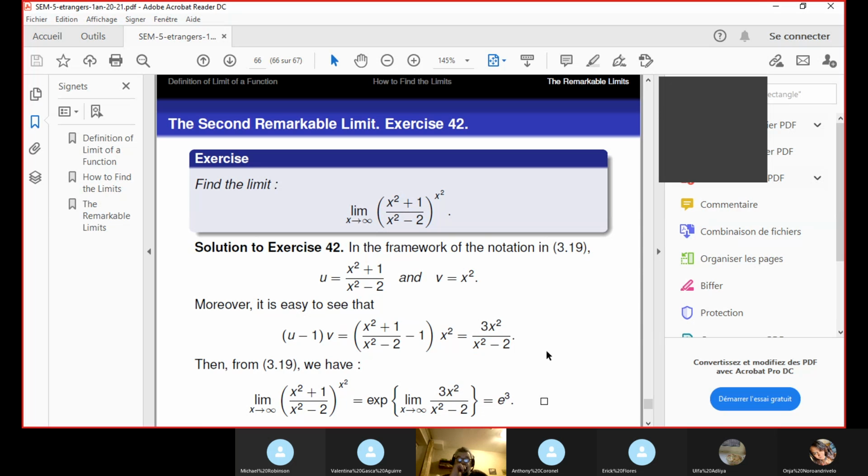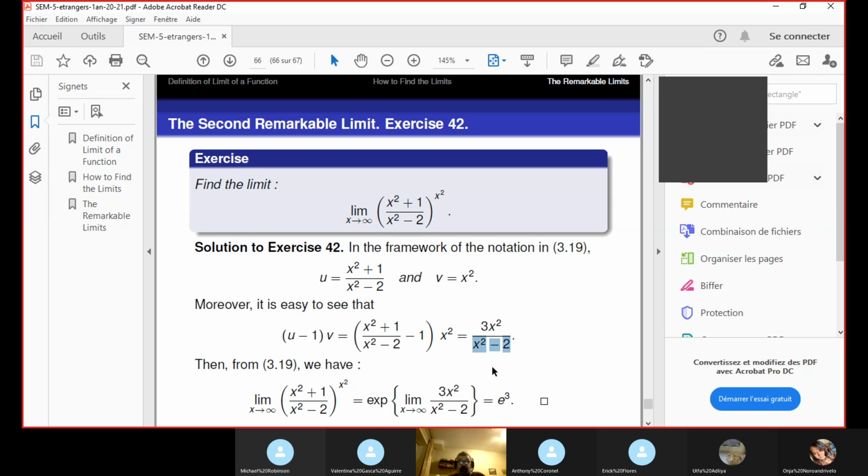Agree? Yes, I agree. No problems, I think. So our desired limit, our initial limit, is the exponential function of the limit as x goes to infinity of 3x squared over x squared minus 2.